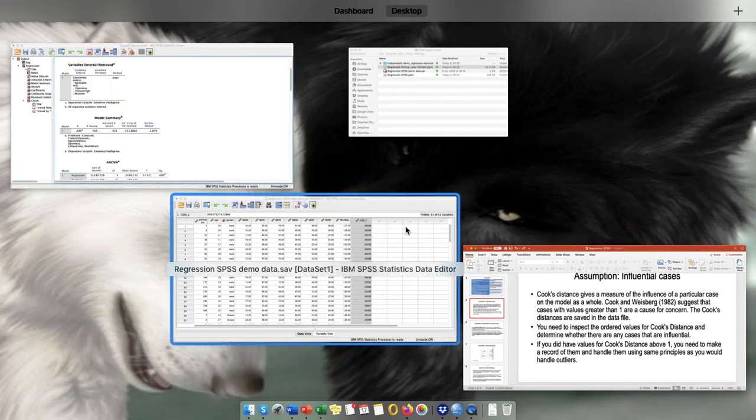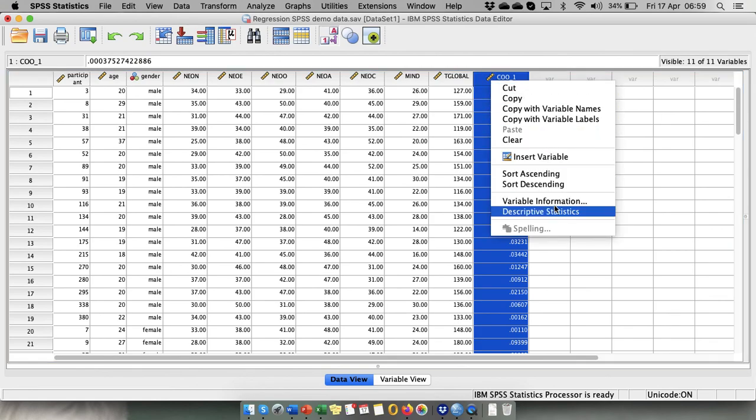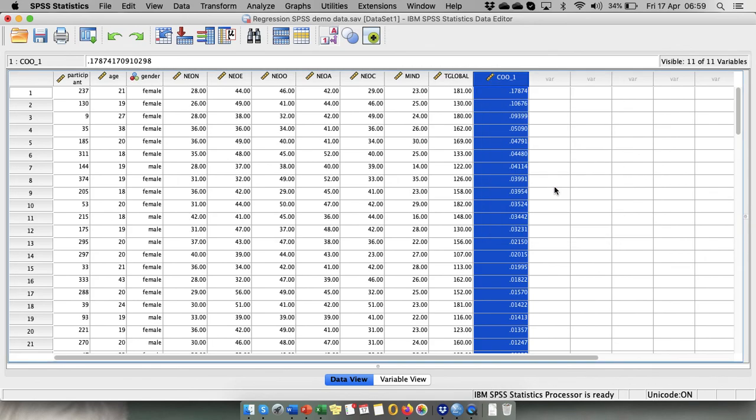Let's have a look at what we have in our data. So, sort descending from the largest, and we see that our very largest value is 0.17, so quite far away from 1. And in this data set, we do not have any influential cases.